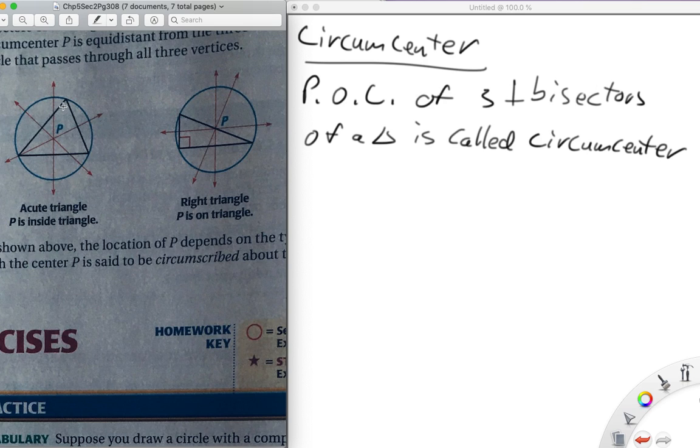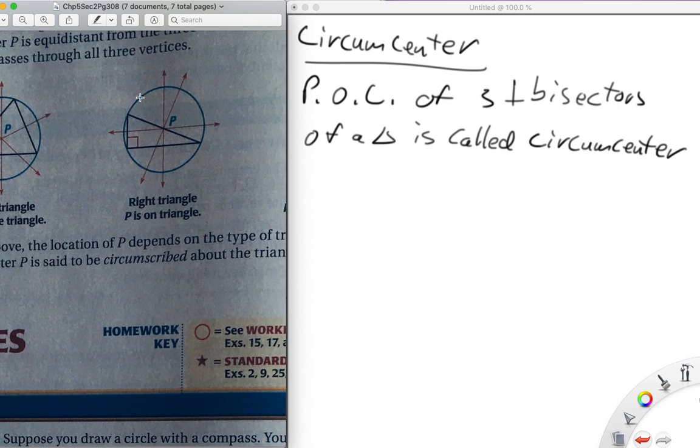And when it's an acute triangle, point P is the center of the circle, and the segments from point P to the vertices all represent the radius, in addition to the fact that they are equidistant from that point to the vertices.